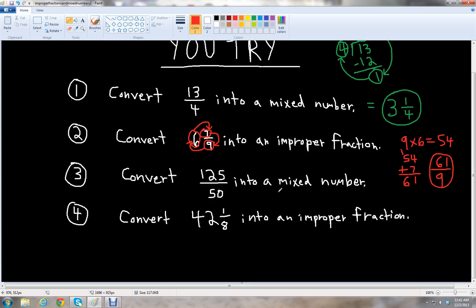Okay, so for number 3, we're going to convert 125 over 50 into a mixed number.